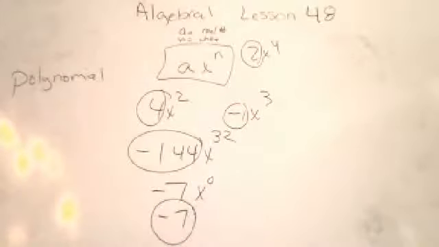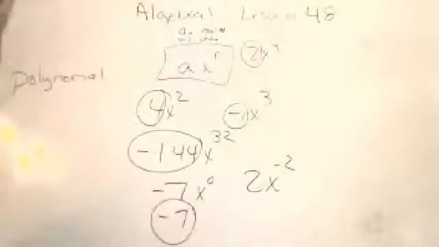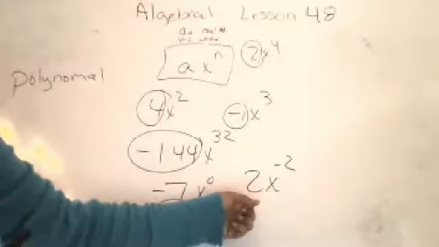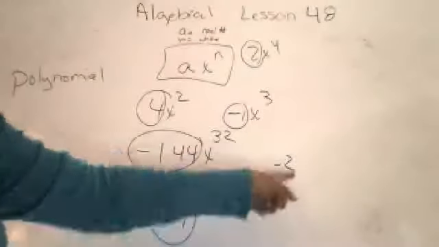So they all have coefficients, and the exponent of the variable n must be a positive integer, or it is the number 0. So it basically has to be a whole number. So I couldn't have 2x to the negative squared. That's no longer a polynomial. It does have a coefficient of a real number. It is in the form a times x to the n, but guess what?